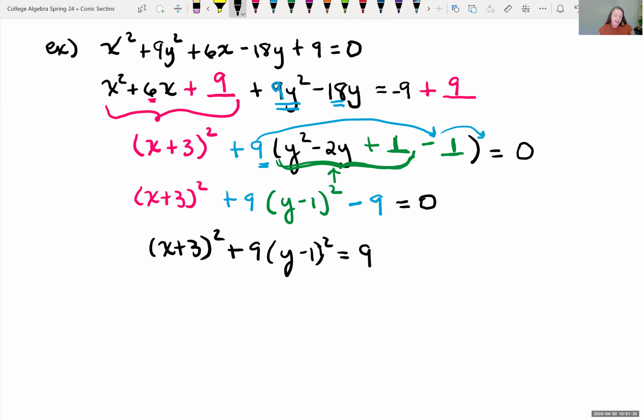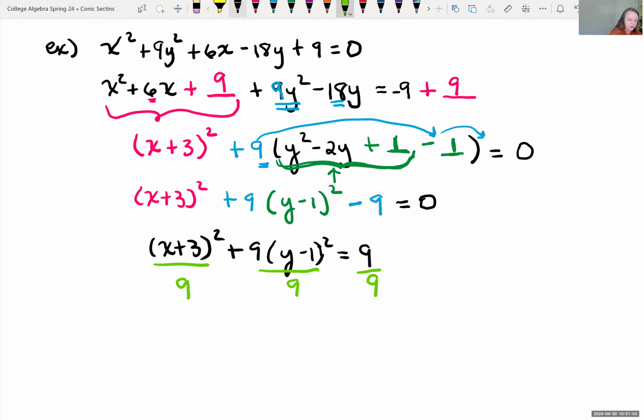This is not quite in standard form for the ellipse. If you look back at that formula sheet, that was set equal to 1, and the coefficients in the numerator in front of those quantities squared was 1. So we want to set this whole thing equal to 1, and we can do so by dividing each piece in our equation by this 9.